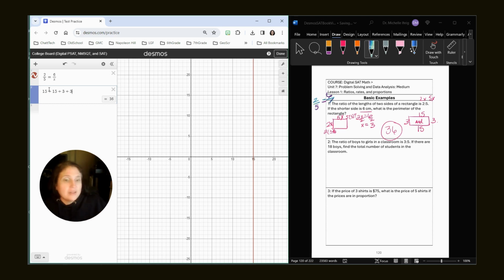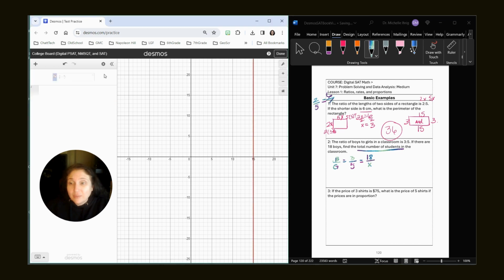All right, let's do it as a ratio for the second question. The ratio of boys to girls in a classroom, so I'm going to put B here and G here, is 3 to 5. If there are 18 boys, so 18 is going to go in the numerator, find the total number of students. So first we have to figure out x for the girls. This is where these harder questions come into play, where the medium level questions are usually 2 steps.